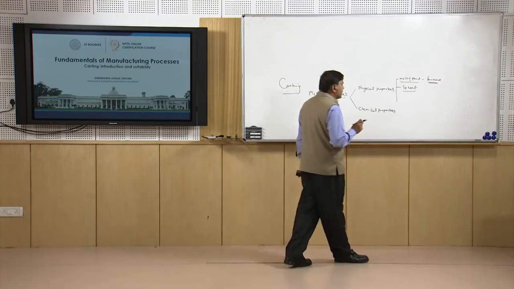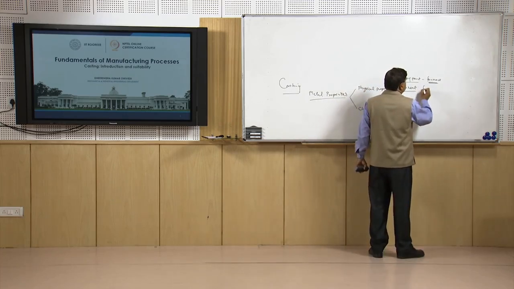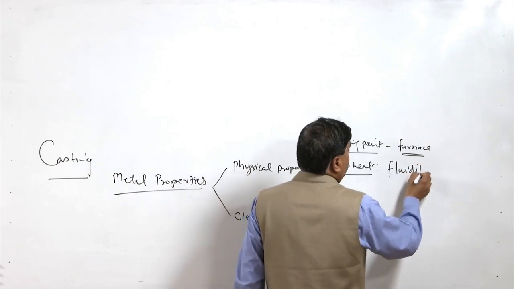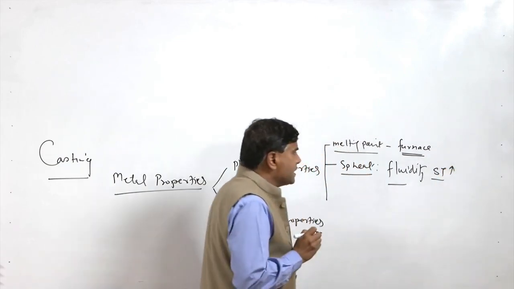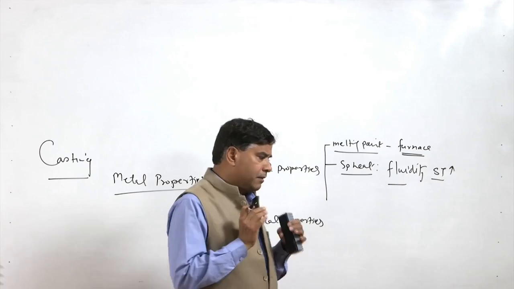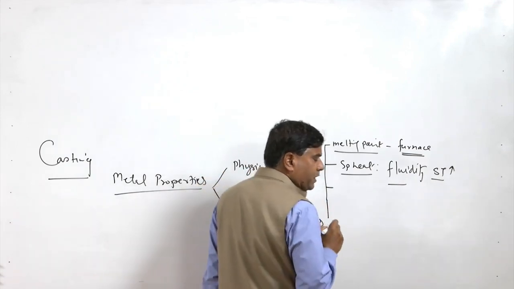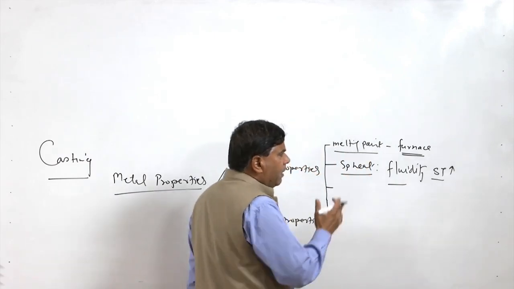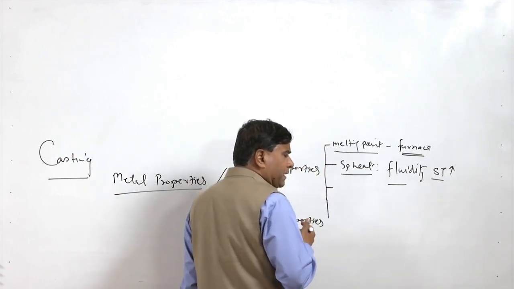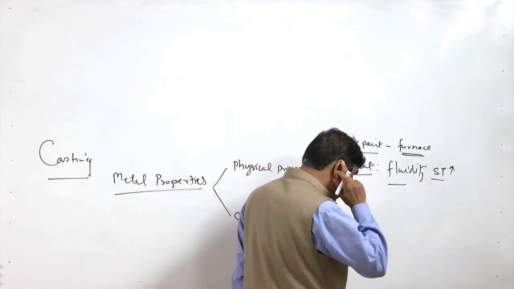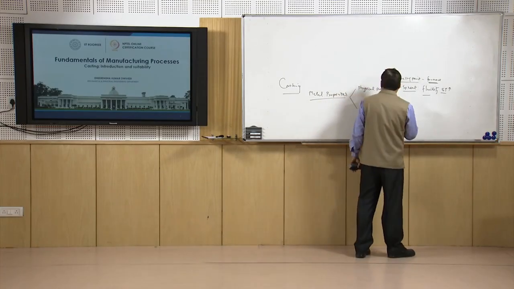This improves the fluidity, because the fluidity increases with the solidification time. So, specific heat is another property that determines the solidification time and in turn affects the fluidity of the metal, meaning the extent up to which it can flow before commencement of solidification.